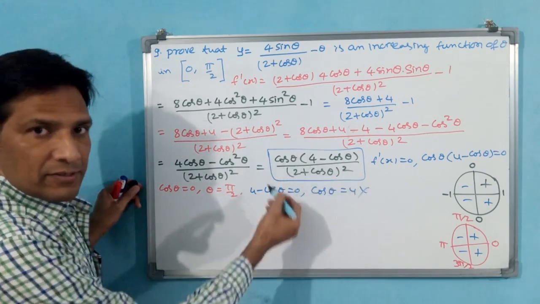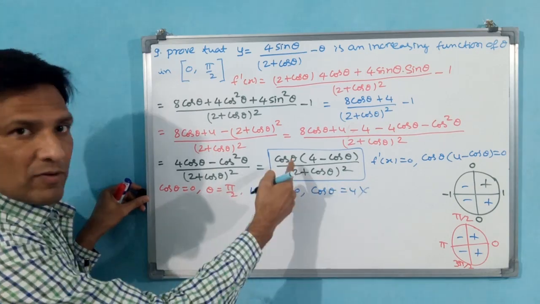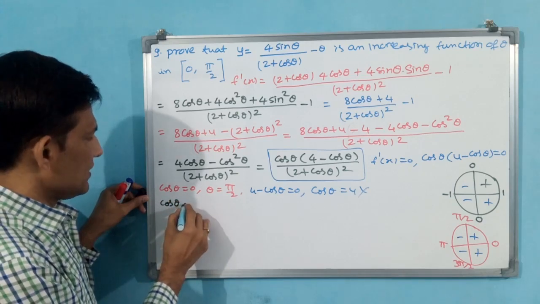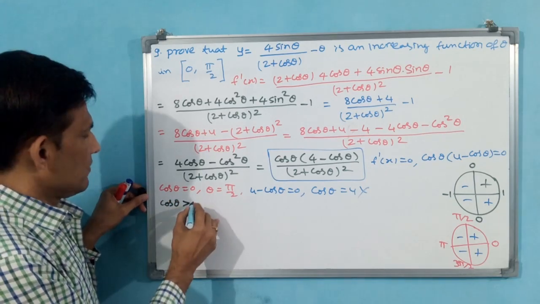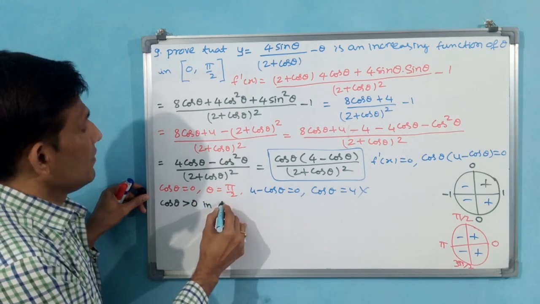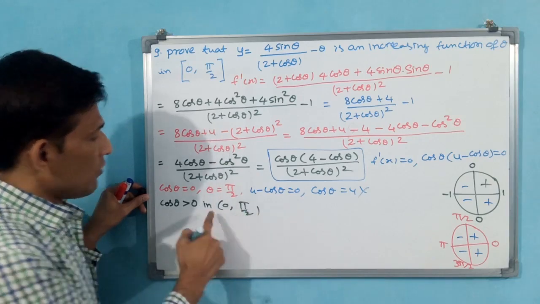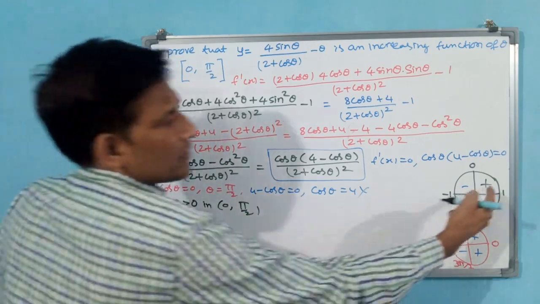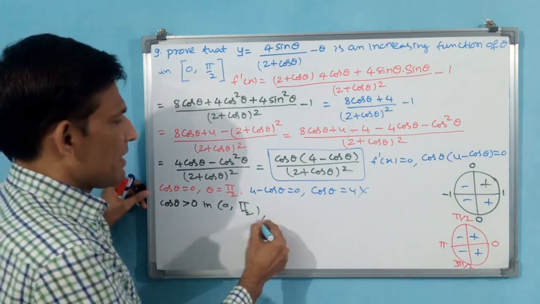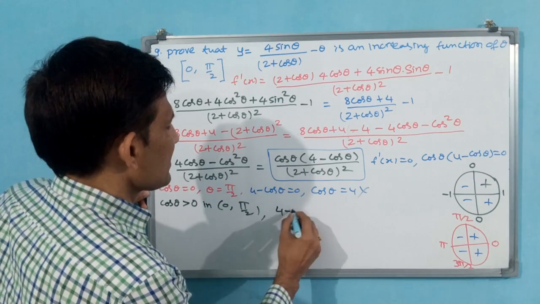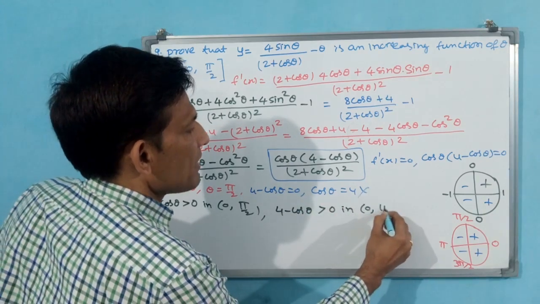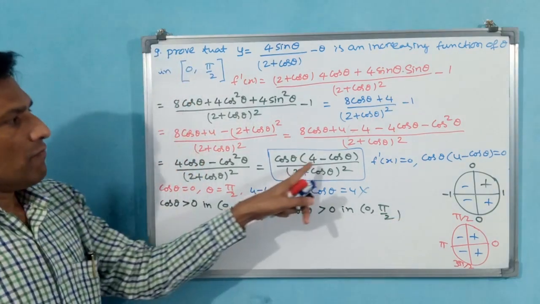See, f dash x, you have seen. Write down for f dash x: cos theta is greater than 0 in 0 to pi by 2. You see, I am writing the open interval only here. In 0 to pi by 2, cos theta is greater than 0, because it is positive. Also, 4 minus cos theta is greater than 0 in 0 to pi by 2. Why?